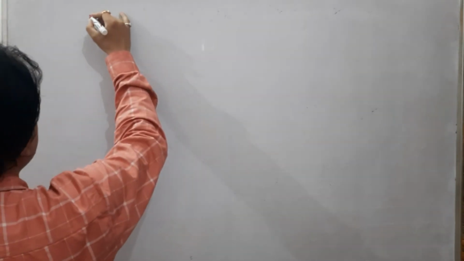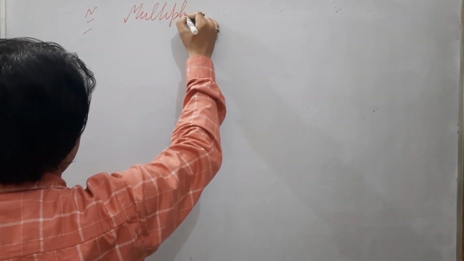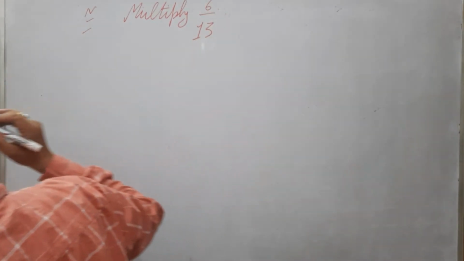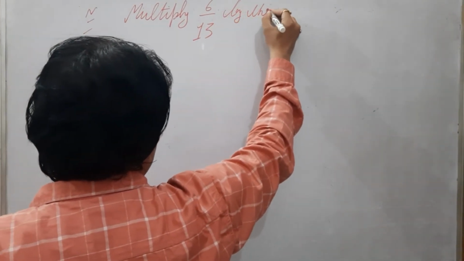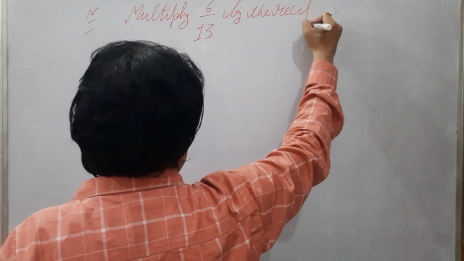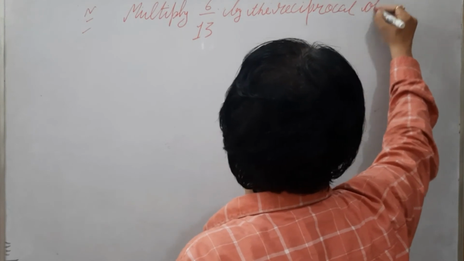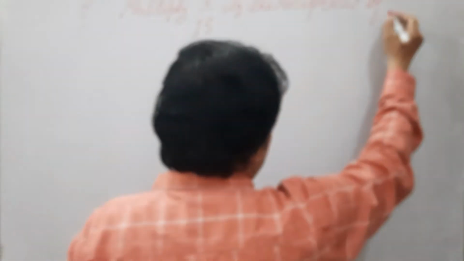Multiply six upon 13 by the reciprocal of minus 7 upon 16.